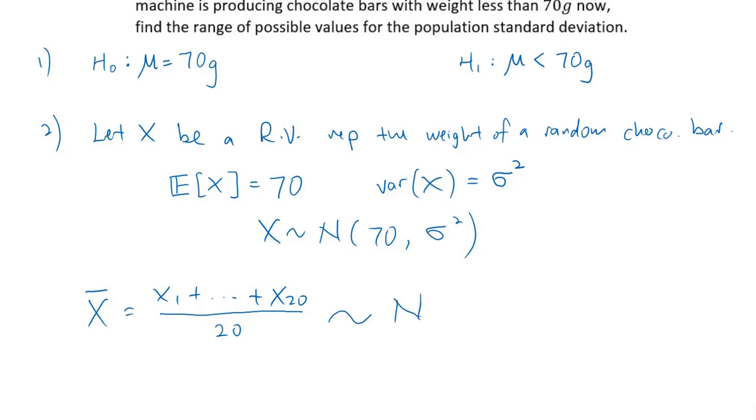This is without using the central limit theorem, because we know it's already normal. So our mean will still remain at 70, and our variance will be sigma squared, the individual variance, divided by 20. This is what I would expect to see, the result meaning the average of 20 samples.